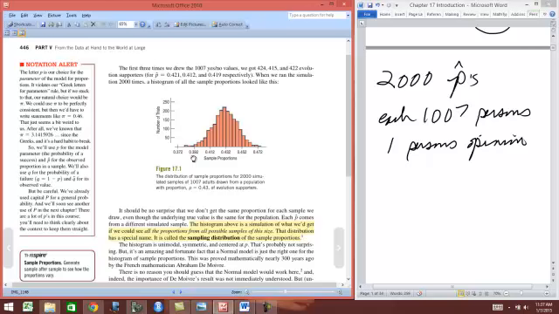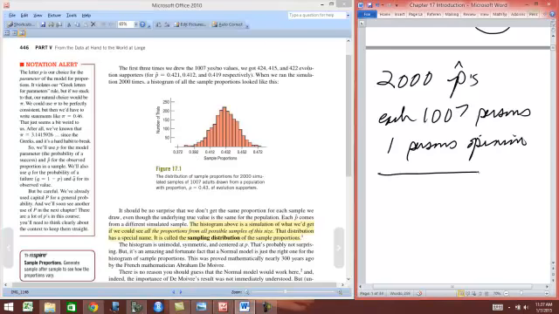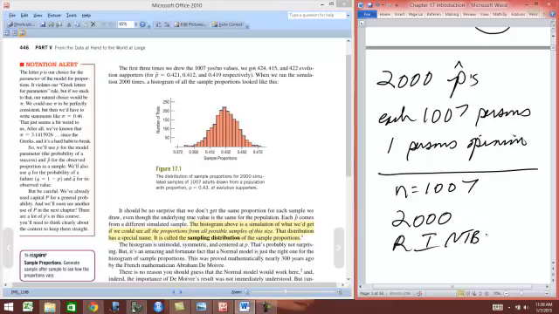The thing to understand, though, is that if you took actual polls of 1,007 people, so n equals 1,007, and you took 2,000 polls of that size that were random, independent, not too big, not too small, so they represent the population, those 2,000 p-hats taken from actual polls would look just like this.